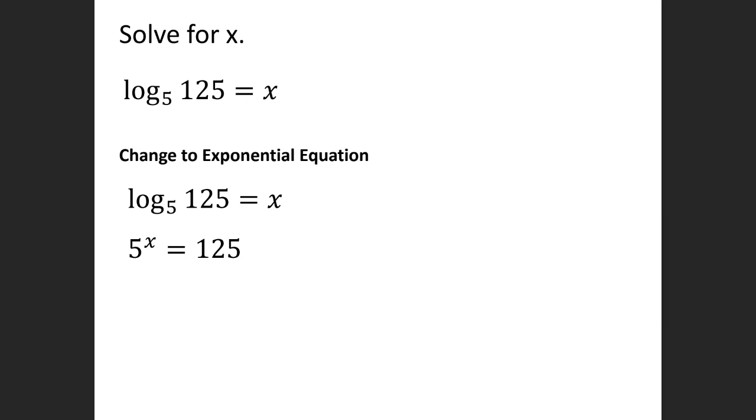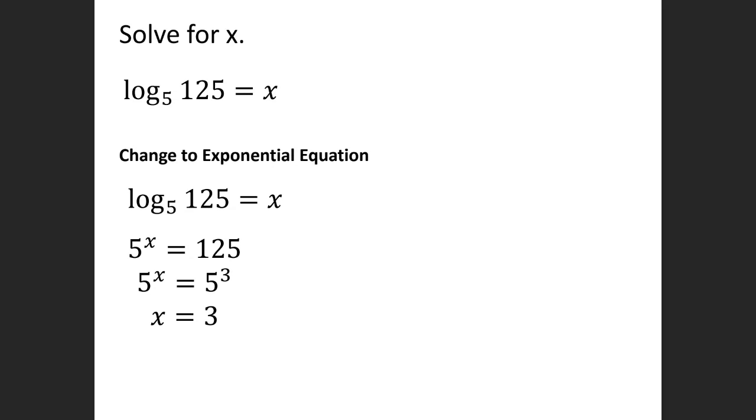I can convert 125 into an exponential expression with base 5, and 5 to the third power is 125. So using my one-to-one property, x has to be 3 in order for these two exponential expressions to be equal to each other. Again, I believe this is the best and easiest way to solve these log equations.